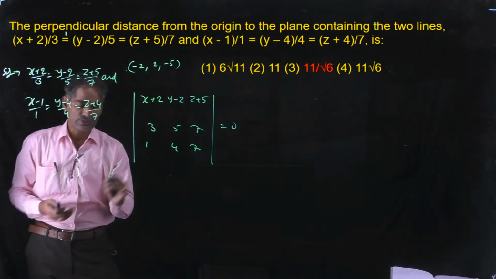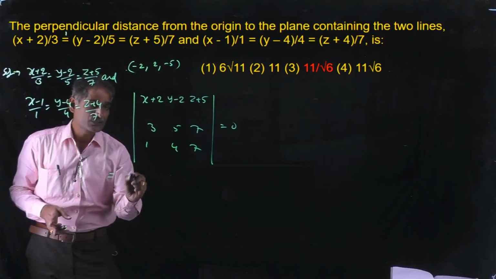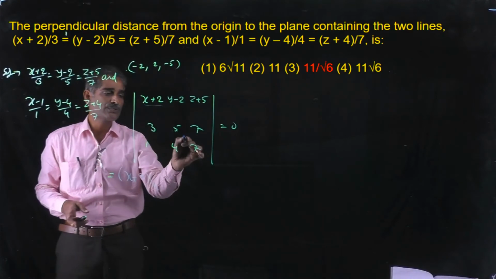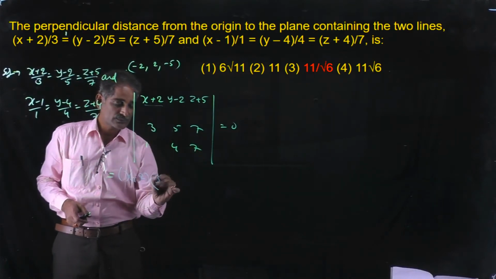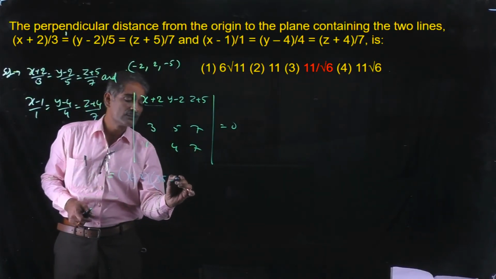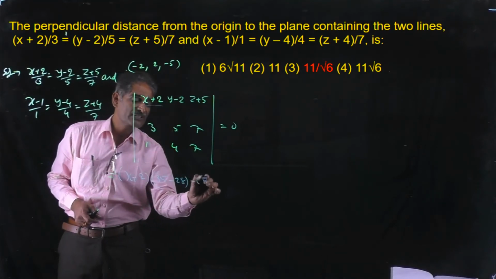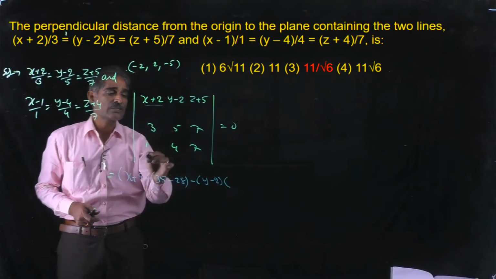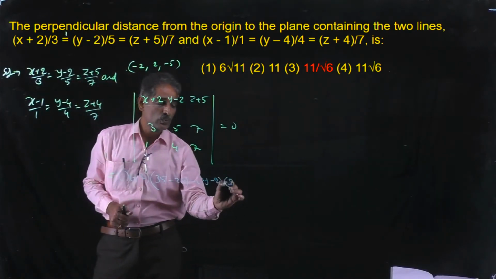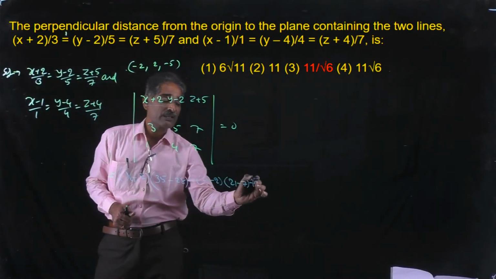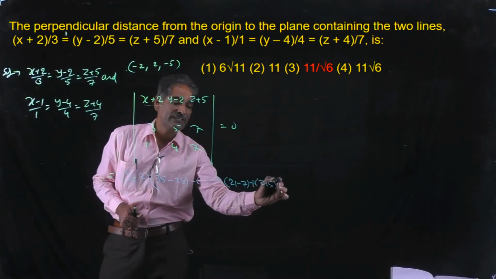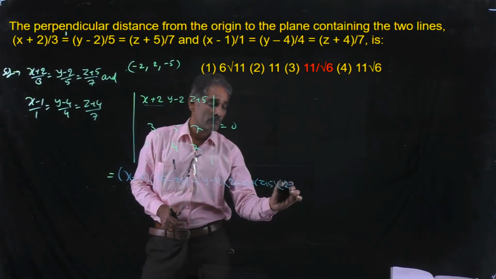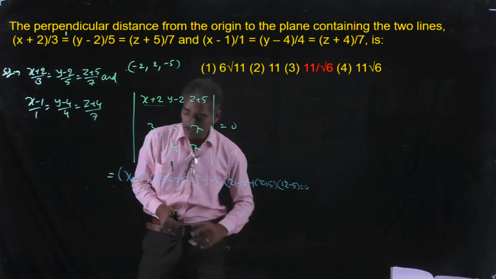Therefore, from this we can write x plus 2 into 35 minus 28, minus of y minus 2 into, so 3 into 7 minus 1 into 7, 21 minus 7, plus z plus 5 into AD minus BC, 12 minus 5, equal to 0.